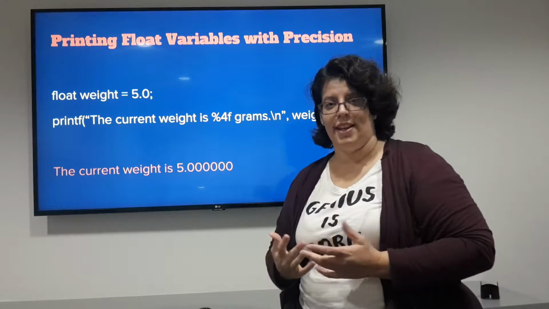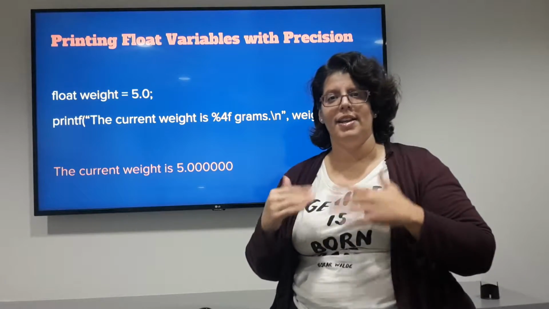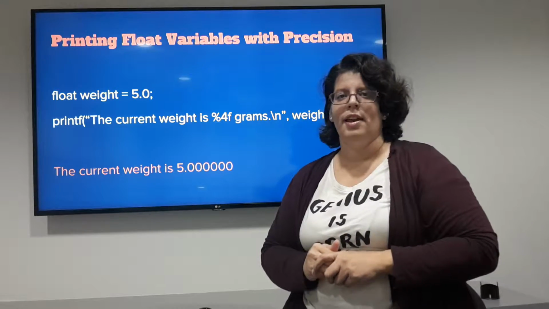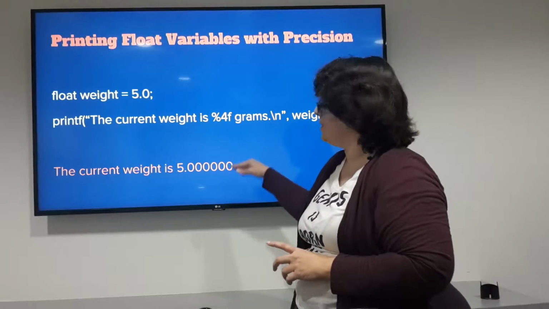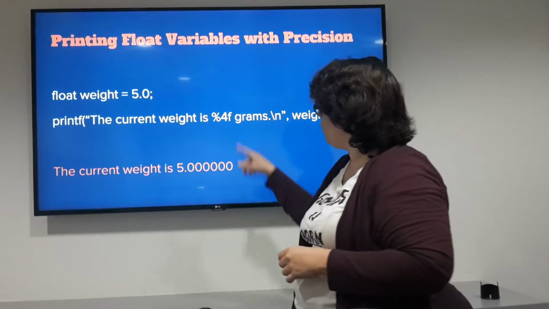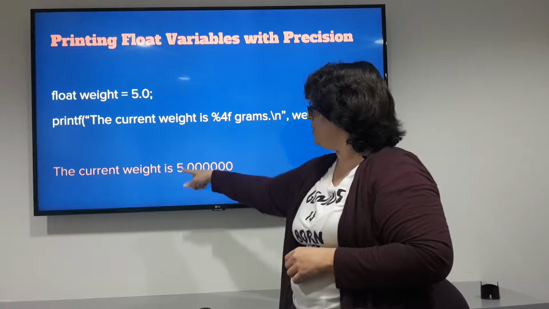Now the interesting thing, the way that it works, is that the 4 says that we want to have at least 4 digits or more in this position. Now, since 4 is less than the 6 decimal places that it wants to show, 4 is less than the additional 2 places that come with the period and the digits.